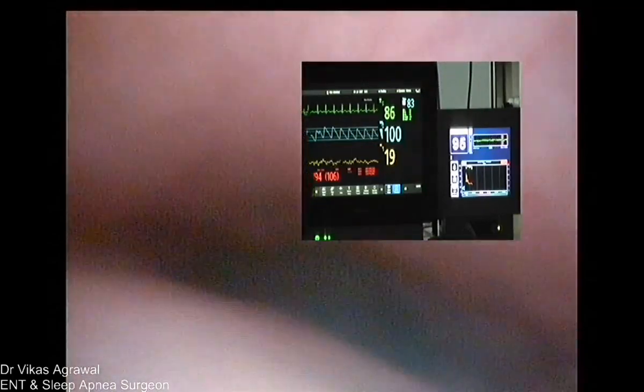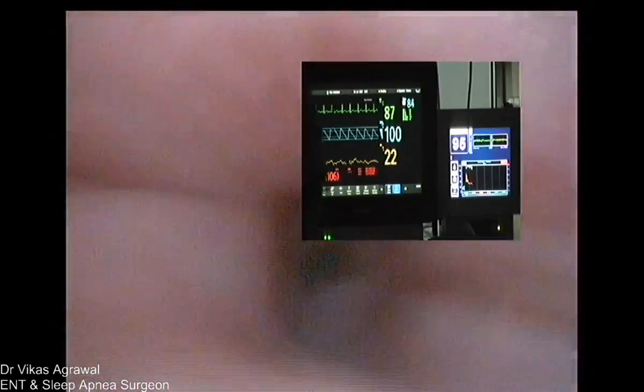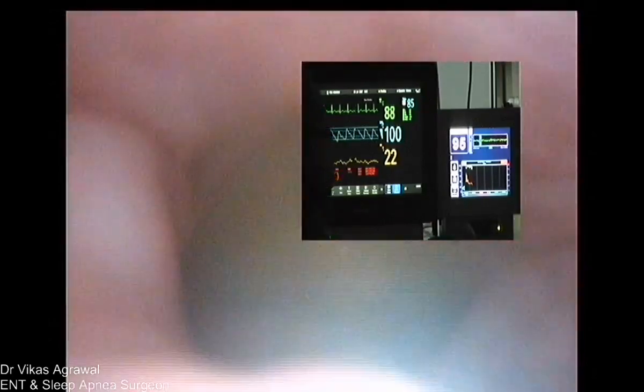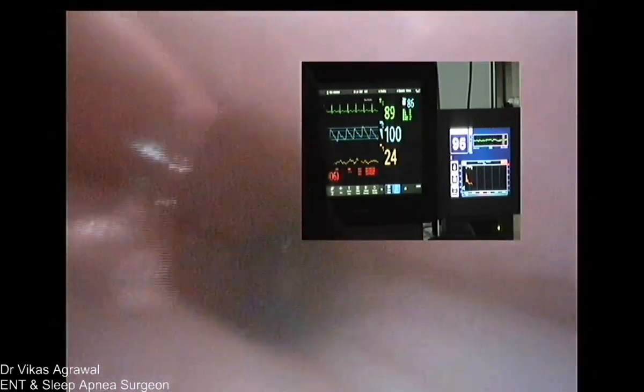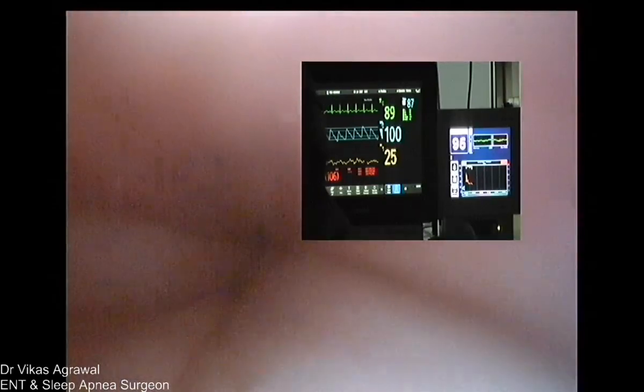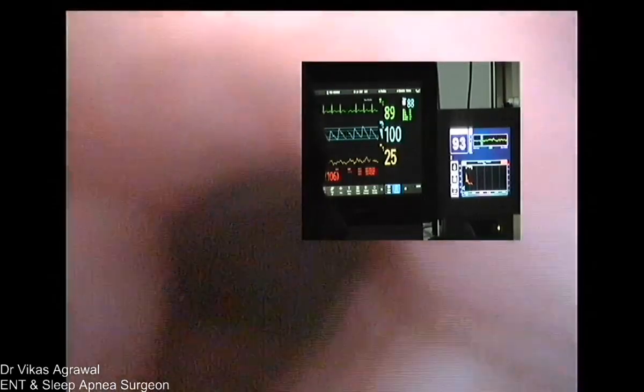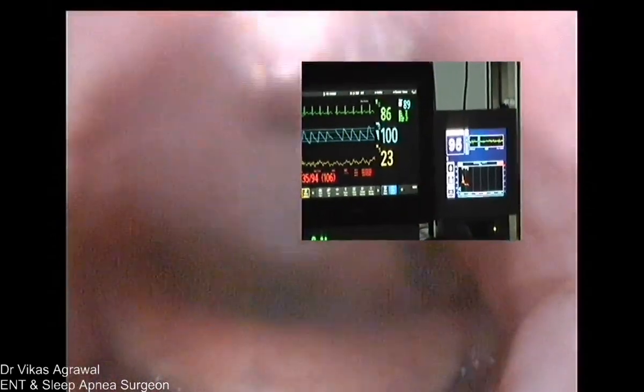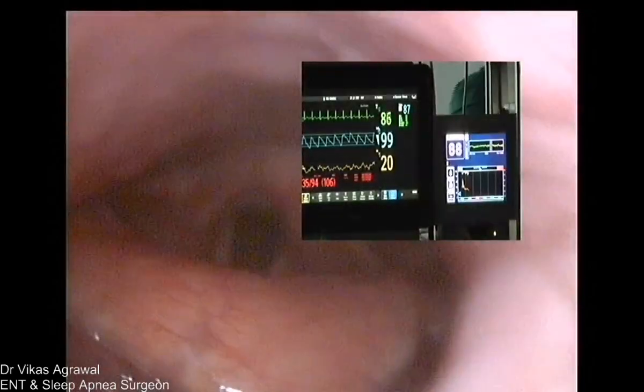And now as the patient is getting into sleep, as he starts snoring a little bit, you can see his palate collapsing here. And you see that his tongue is not really completely blocking the airway.